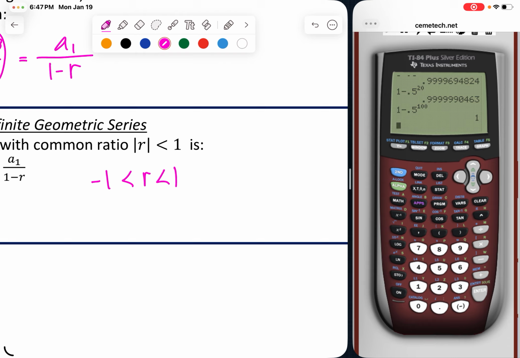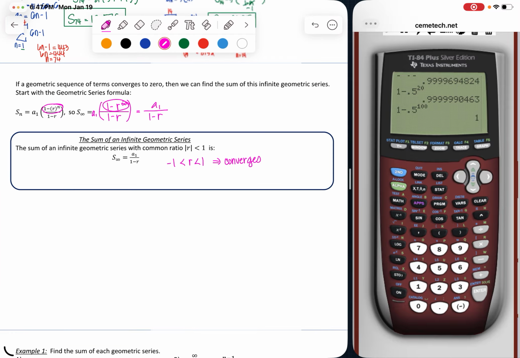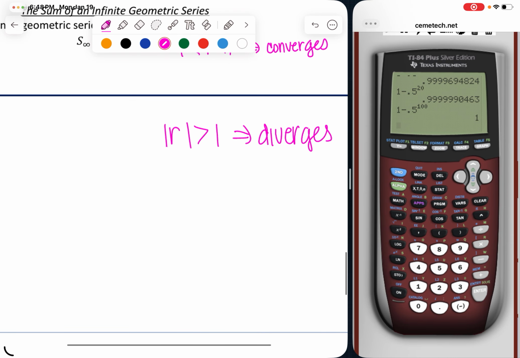So what we say for this is that it converges, and we can use this formula. It converges because it's going to end up making that r value 1. Now, if the absolute value of r is greater than 1, then we say that it diverges. And if it diverges, then we do not use this formula.